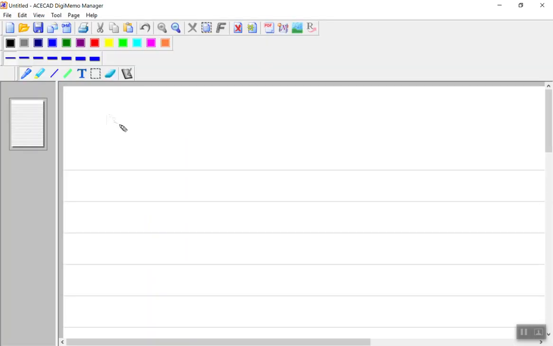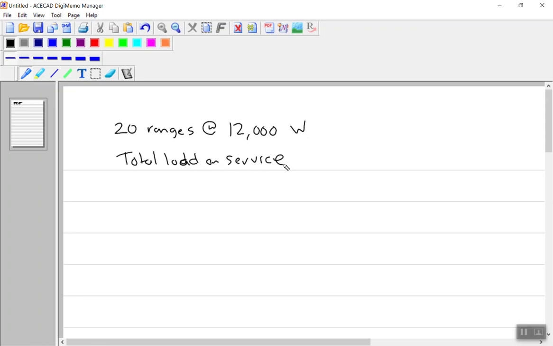So for 20 ranges at 12,000 watts, what's the total load on the service? Well, we used Table 220.55, right?